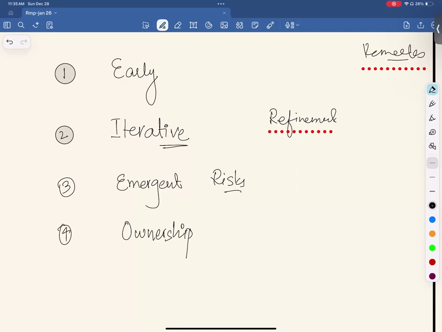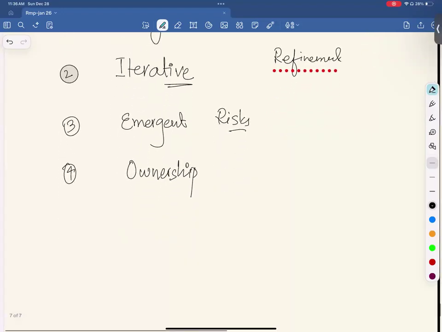That would be problematic. Every risk should have an owner. So you are identifying emergent risks, you are doing it in an iterative fashion, you are doing it early, and you have ownership, right?